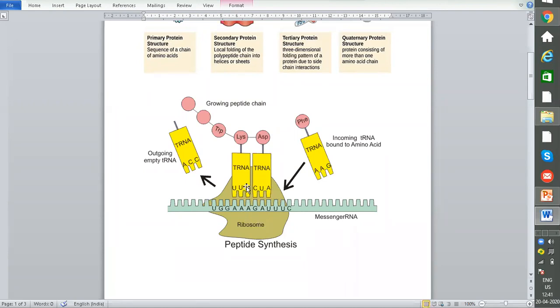This is a coding place. So when it is attached, G is attached with C, and U is attached with A. When it is attached like this, the amino acid forms a linkage, a peptide bond, with another amino acid, finally forming a long peptide chain, and it is converting into a protein.